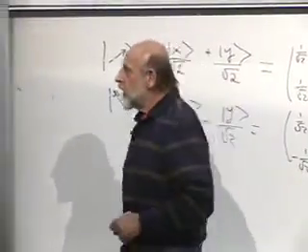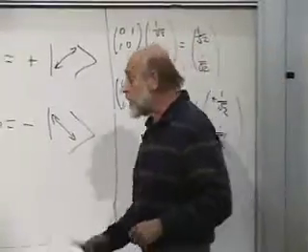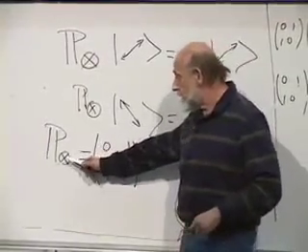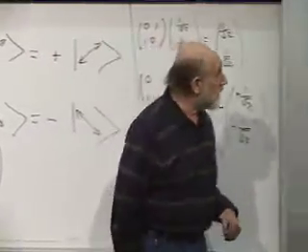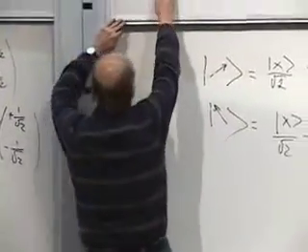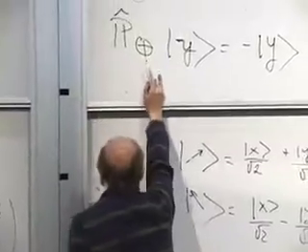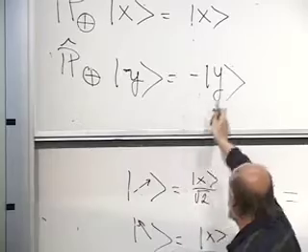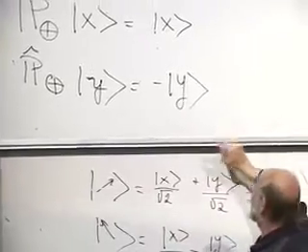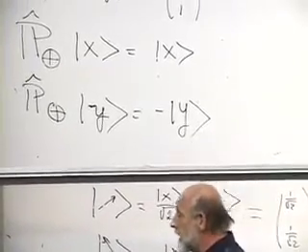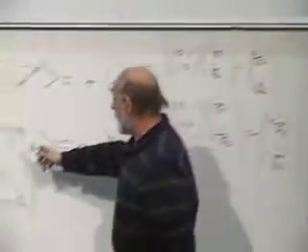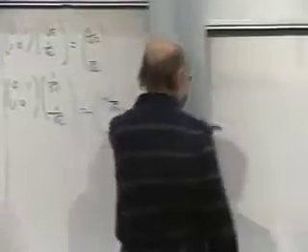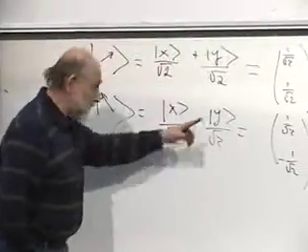Okay. Notice that there is no vector which is simultaneously an eigenvector of this polarization observable and this polarization observable. The eigenvectors of the vertical horizontal xy polarization are just x and y here. The eigenvectors of the 45-degree rotated polarization are the linear combinations x plus y and x minus y.